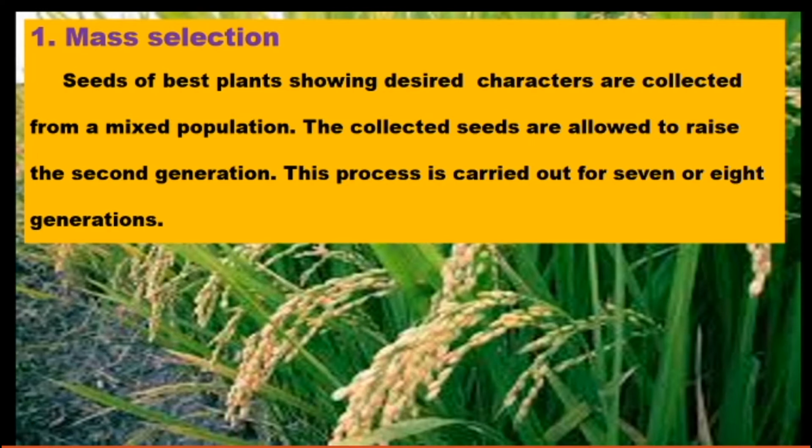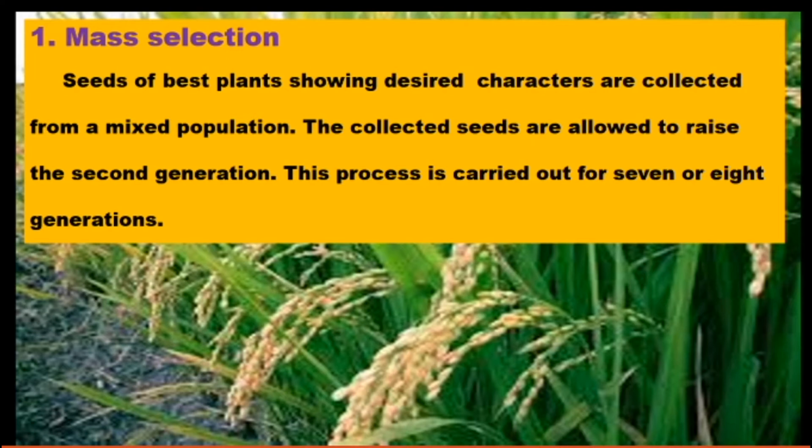Some characters are dominant and some are recessive. The dominant character is always dominant over the recessive character, but even though the recessive character is present, that is why they go for 7 or 8 generations.